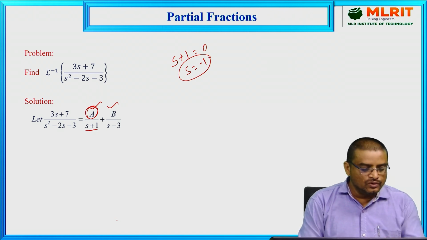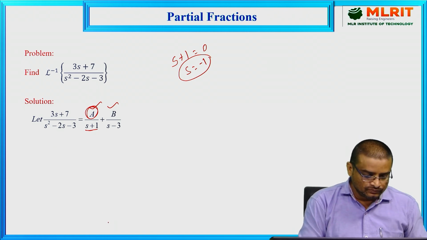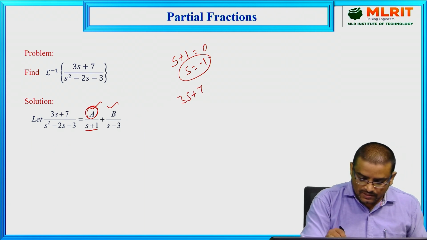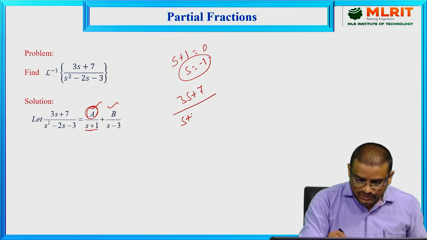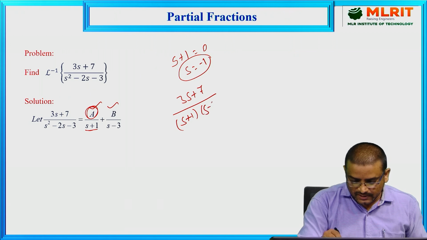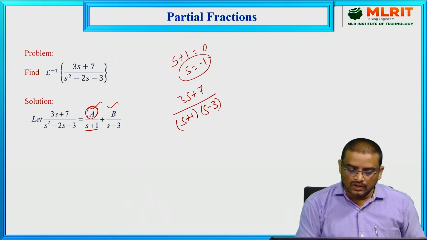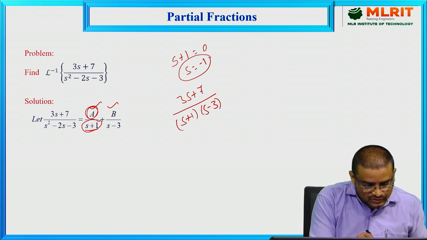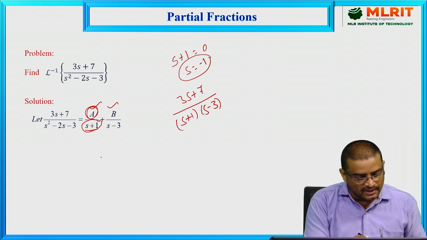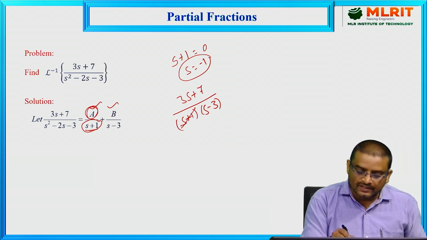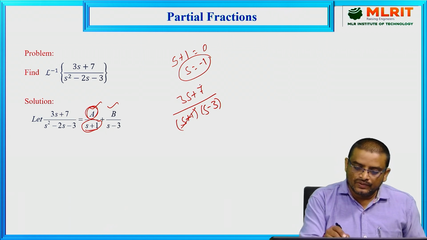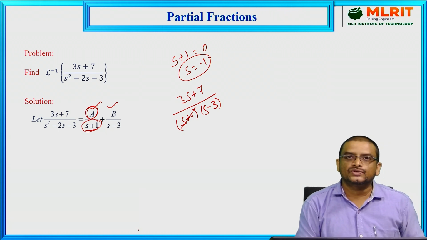Now go to the LHS part here. This LHS part can be written as 3s plus 7 by s plus 1 into s minus 3. Now what we have to do is, whatever the factor we have equated to 0 on the RHS side, you neglect that factor in the LHS side, and for the remaining you substitute s is equal to minus 1.